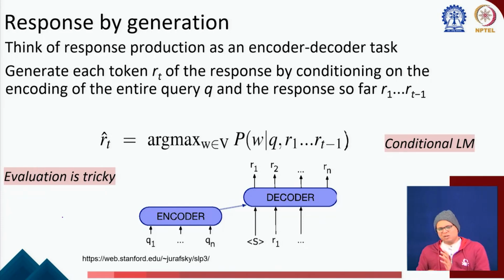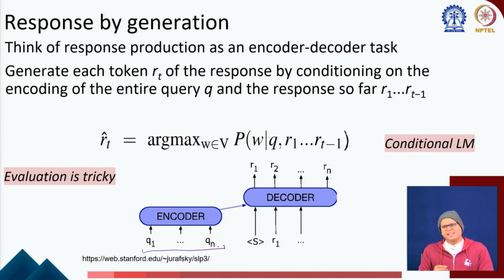So, just to give an idea of how they will work. You have to think about your entire previous context as the history, the query, and you want to generate a response, right. So, you can think of it as generating the response one word at a time, right.